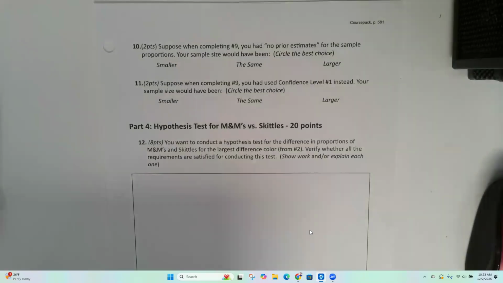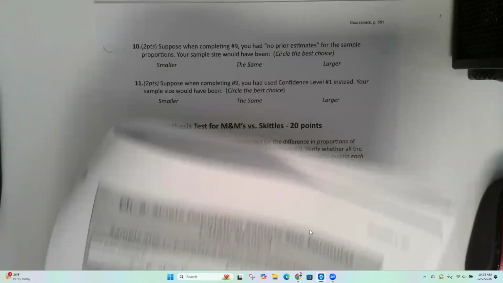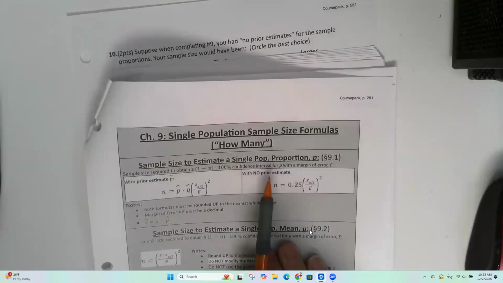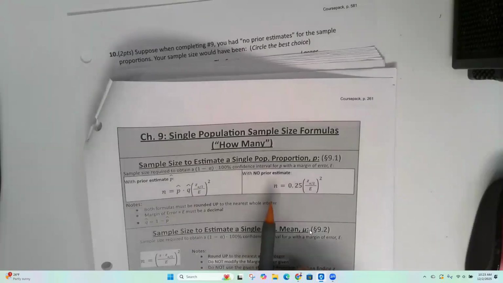Well, 0.5 times 0.5 is as big as it can get, because if you go down to 0.4 times 0.6, that's 0.24. I'm saying larger.